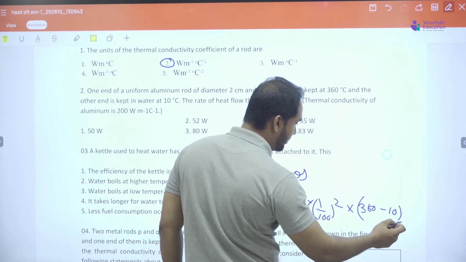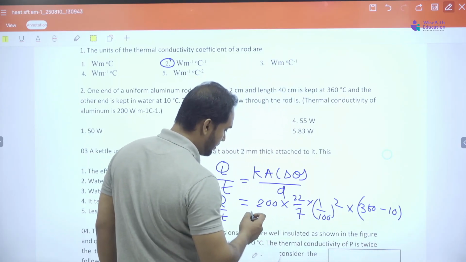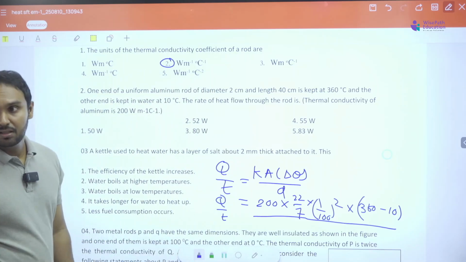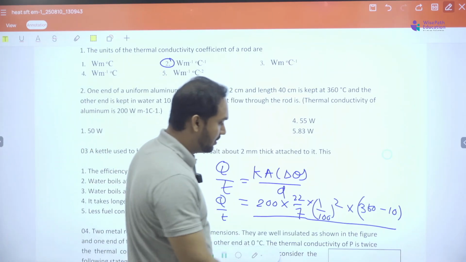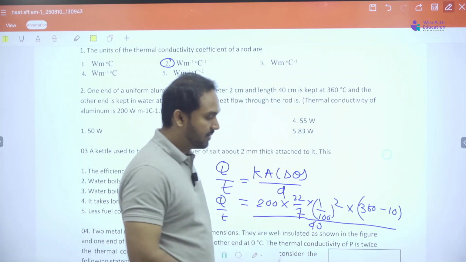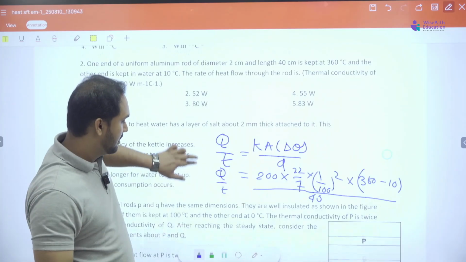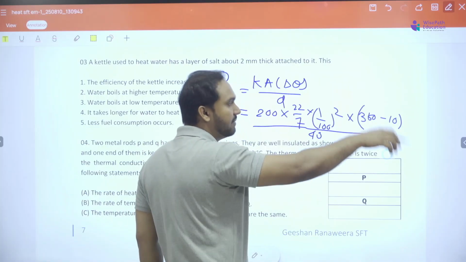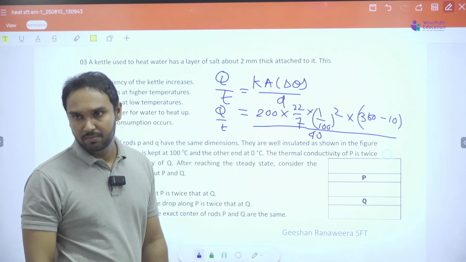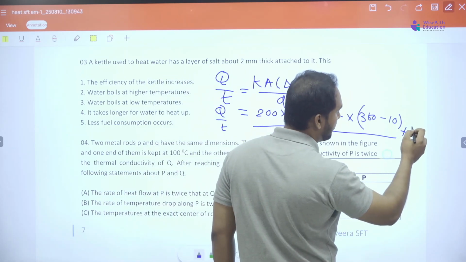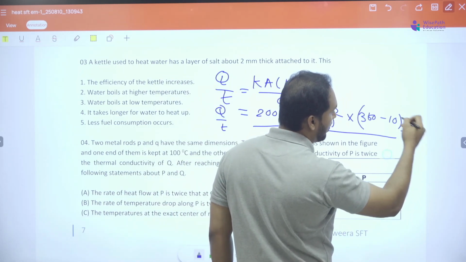So if I divide the whole thing by 40 centimeters, you have to convert it into meters by dividing by 100, right? If I divide this by 100, the 100 will go to the top because it's a reciprocal, isn't it? So I'm taking it to the top, multiplying the whole thing by 100.